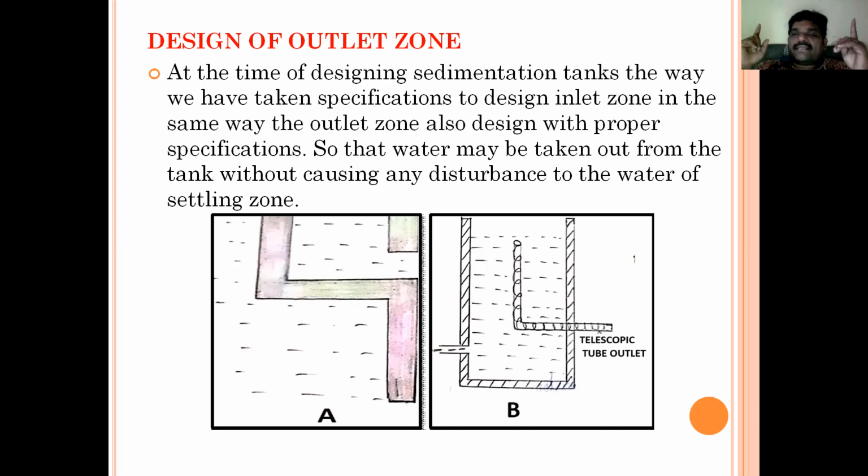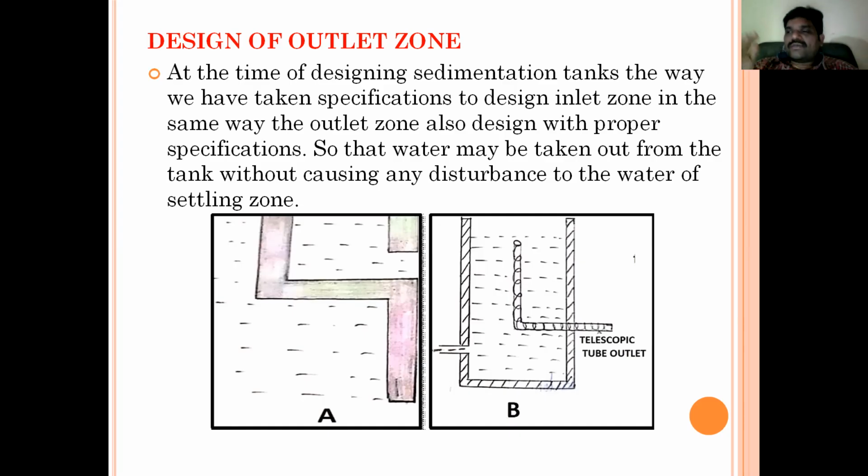Once we collect the water, any particles whose specific gravity is more than the liquid will settle on the bottom. We are not creating any disturbance. Based on gravity, the particles will settle. This is the first step.